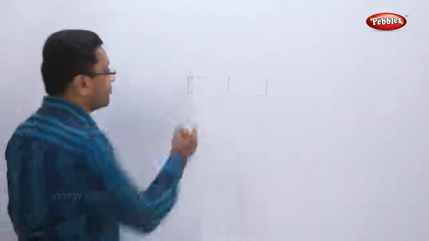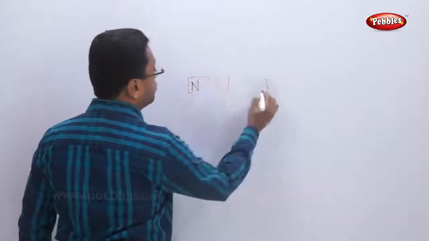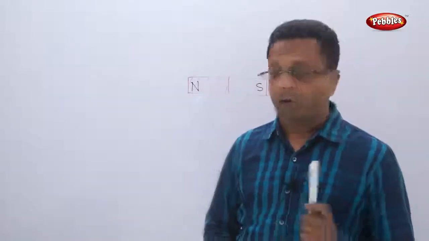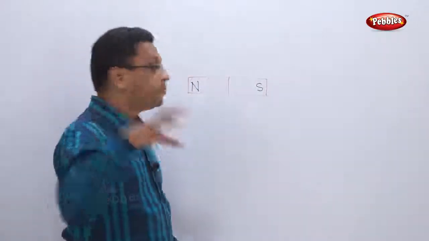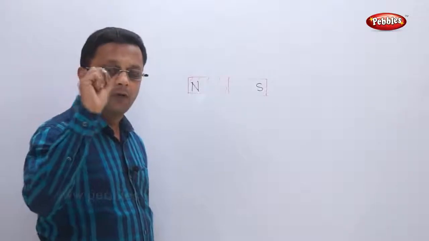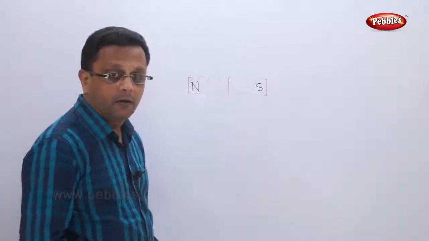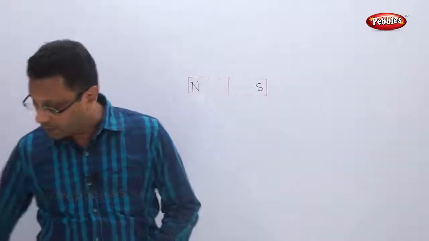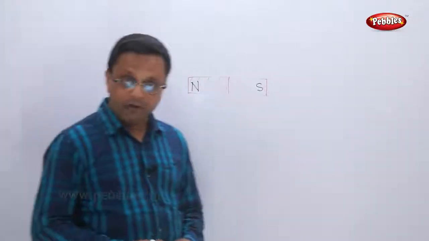Now this is my north pole and this is my south pole. Mind well, this is a permanent magnet. Now if I drop some iron filings, very small particles of iron, what will happen? The figure is given in your book. Please refer to figure 5.1.